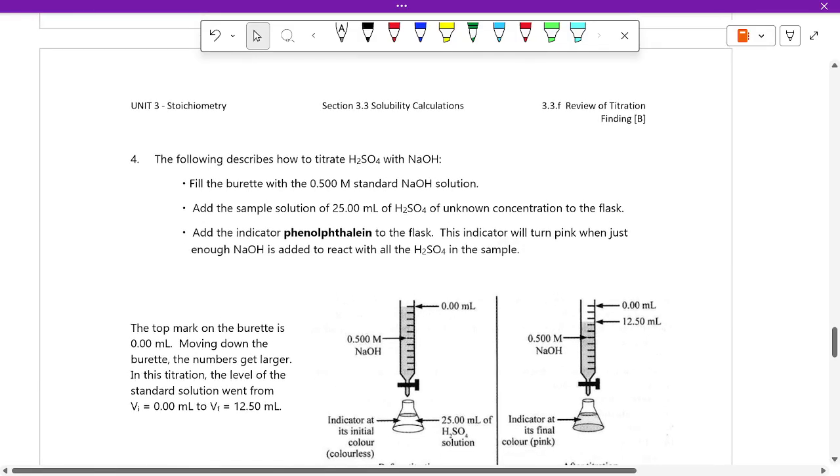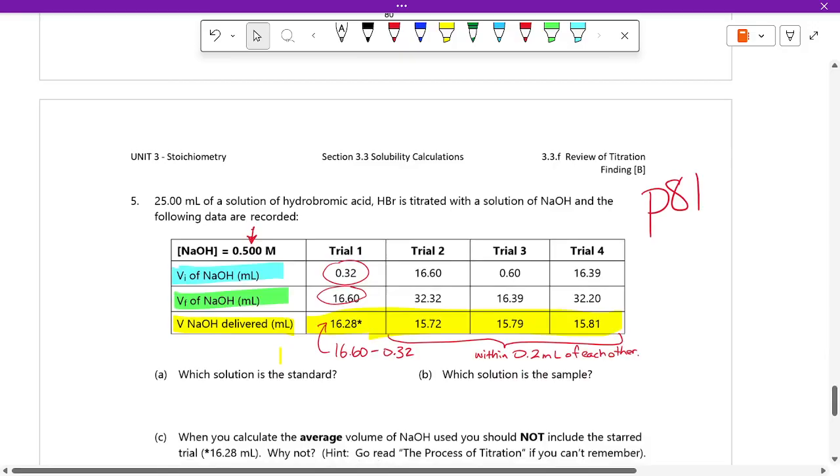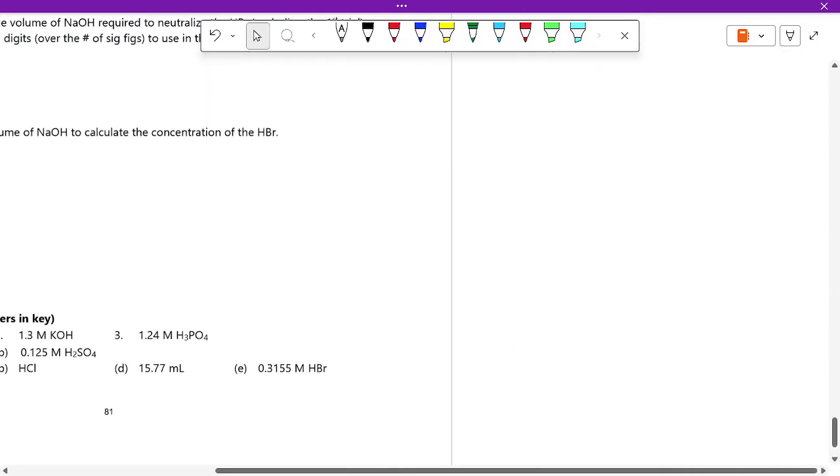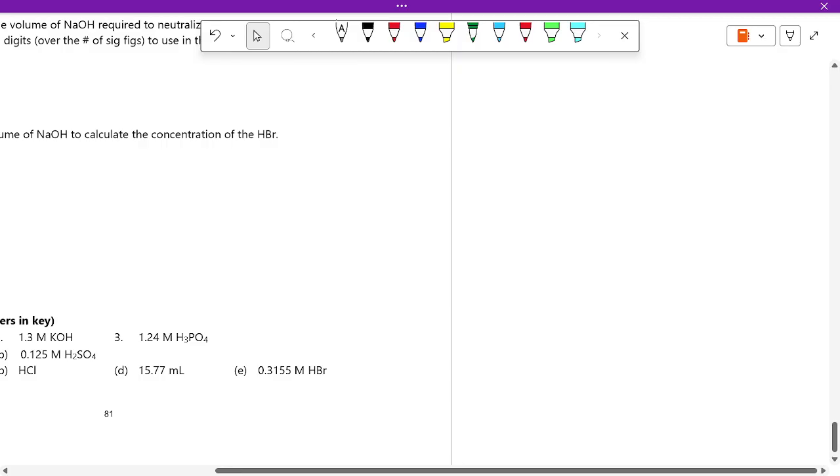Page 80, 81, number 4 and 5. And if you want to do any more, that's fine.